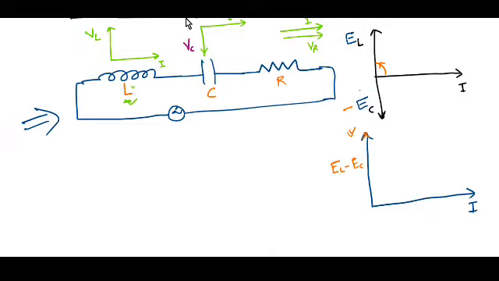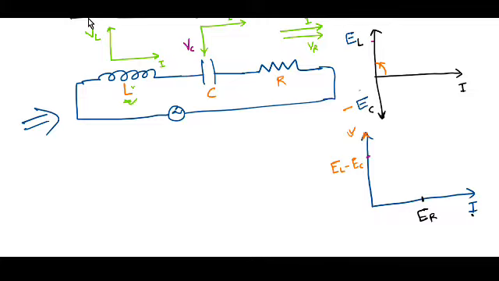That means I represent both EL and EC on the positive y-axis by taking the sign minus with the EC. The voltage across the resistor, that is ER, has both the current and voltage along the same direction.